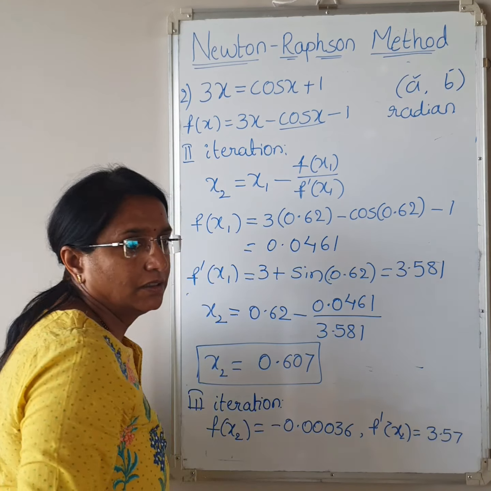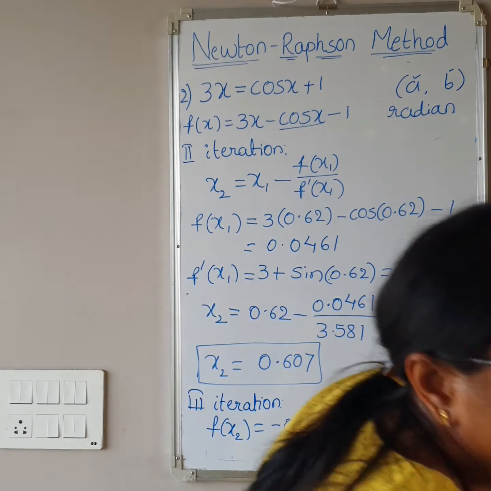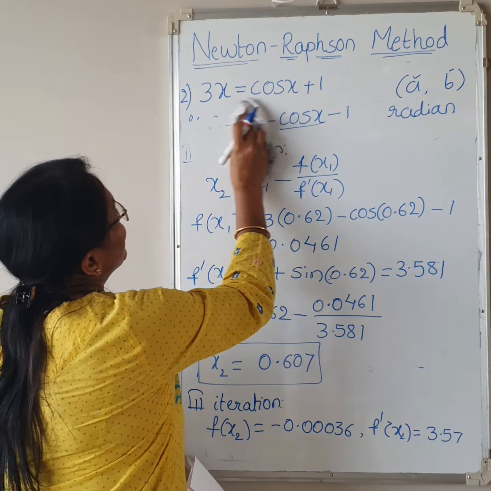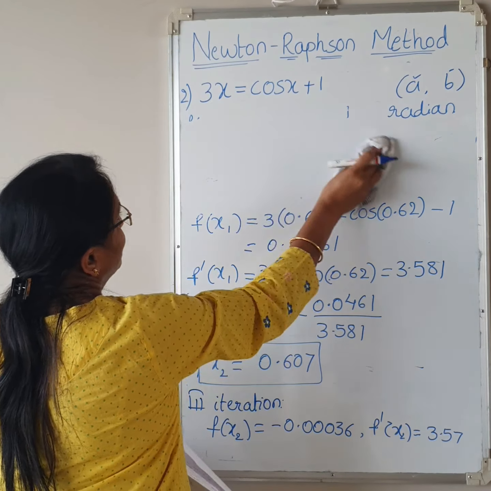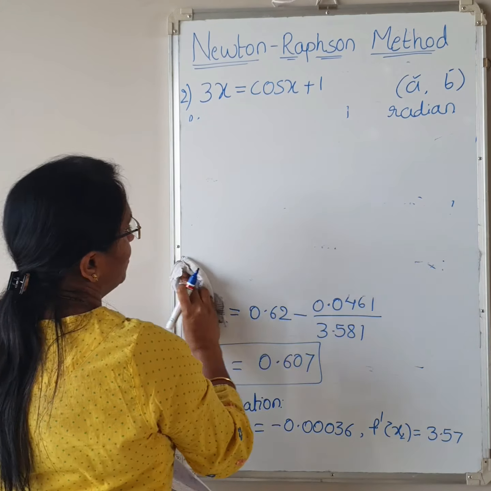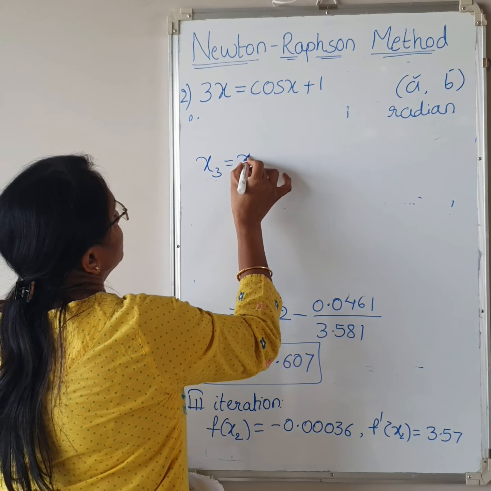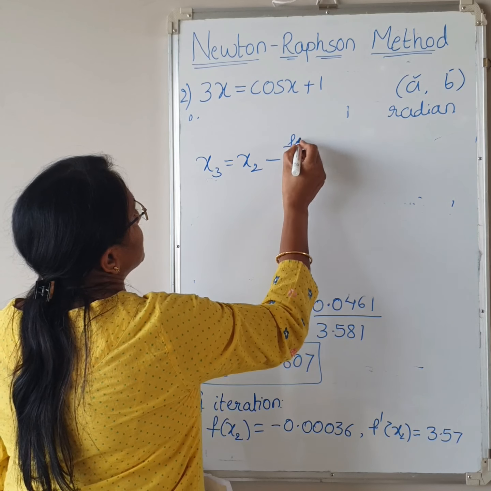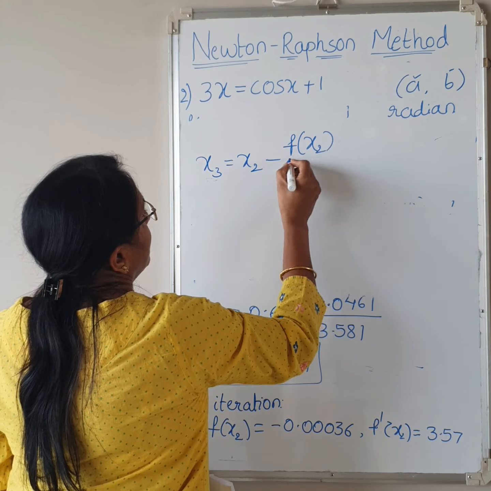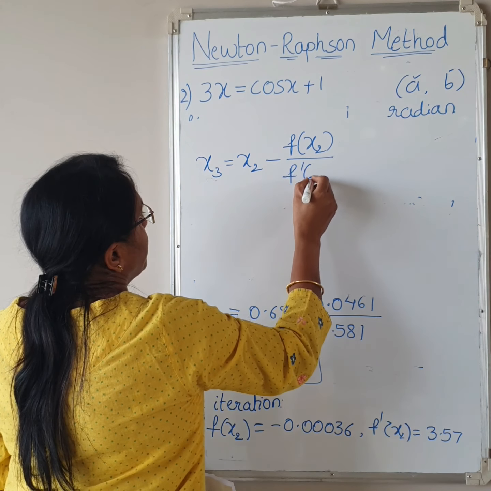Now let us find out the third value, x3, which is equal to x2 minus f of x2 divided by f dash x2.